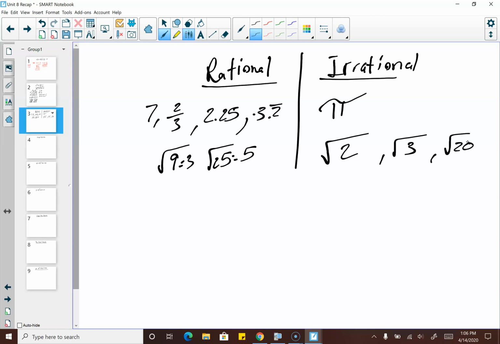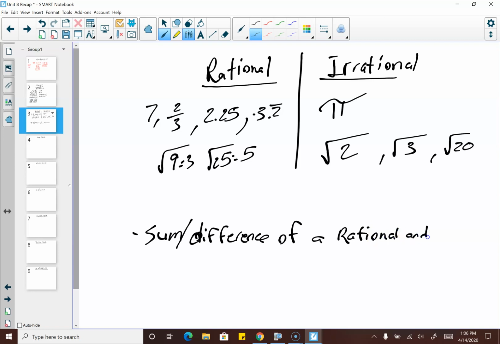And then you want to remember a couple rules. And really the main rule you want to look at is the sum, and it could be sum or it could be difference, of a rational and an irrational is always irrational.